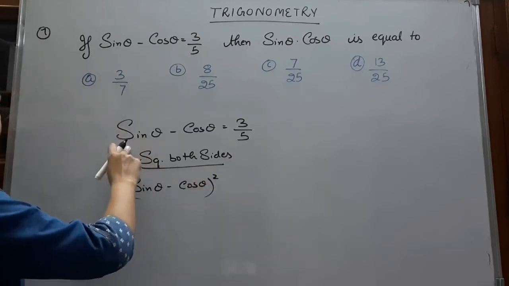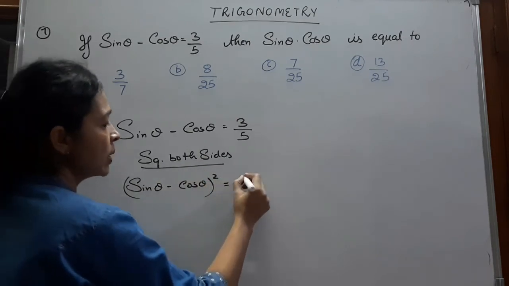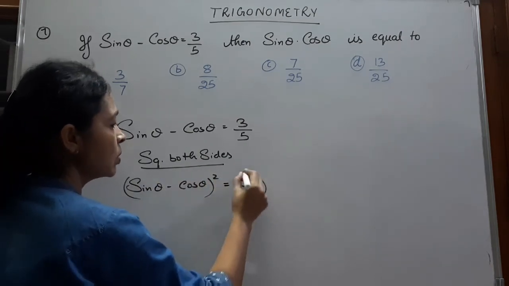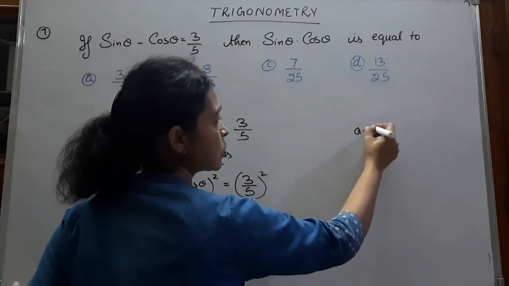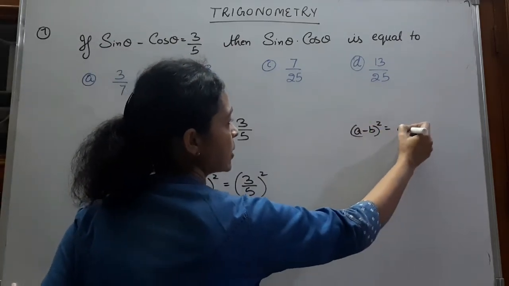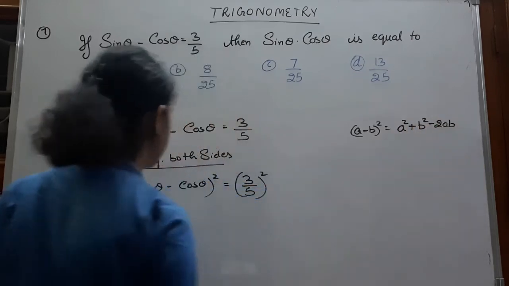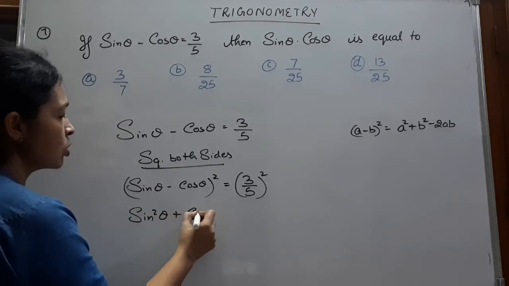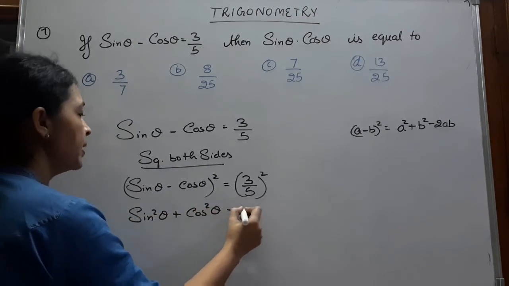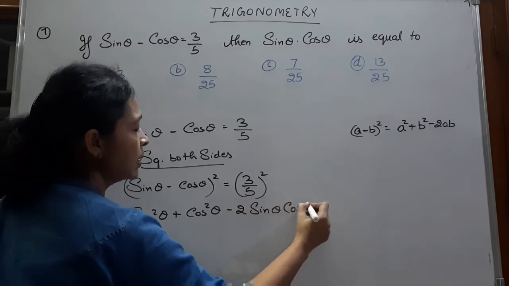You won't do sin square theta minus cos square theta. Sin theta minus cos theta whole square equals 3 by 5 whole square. And what is A minus B whole square? A square plus B square minus 2AB. So we have sin square theta plus cos square theta minus 2 times sin theta into cos theta.